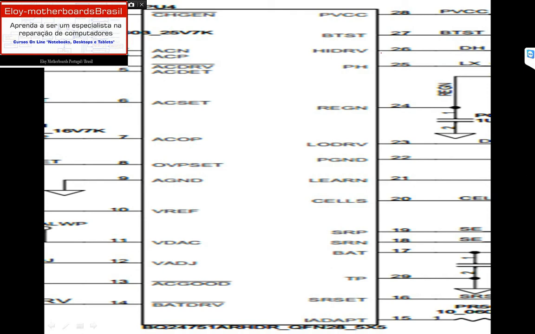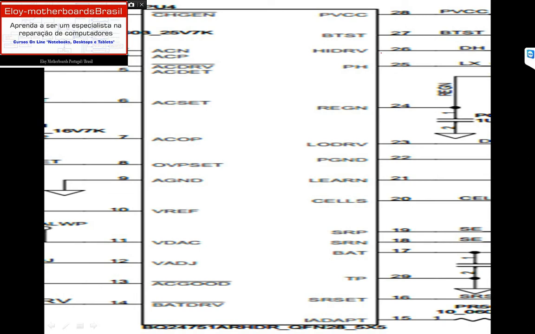Now let's start seeing our charge circuit. The main function of this charge circuit is to supply the motherboard with the voltage coming from the DC jack or battery. If the DC jack is inserted together with the battery, this charge circuit has the function of charging the battery.